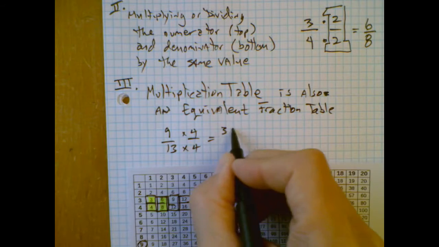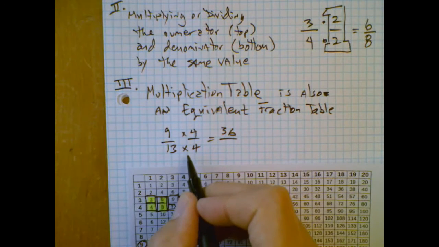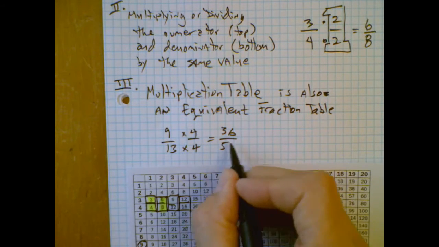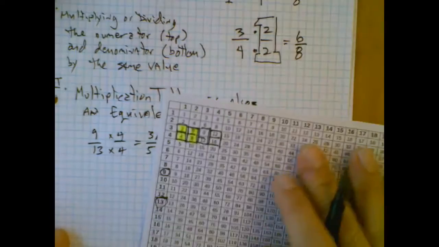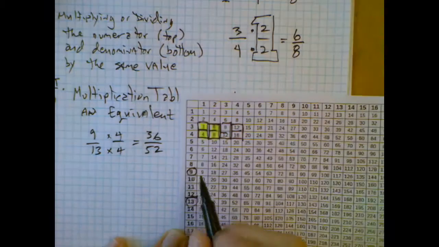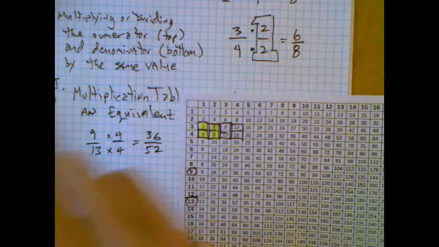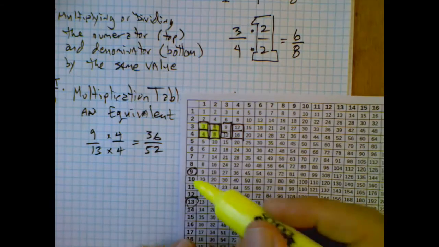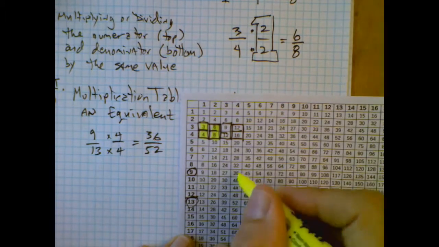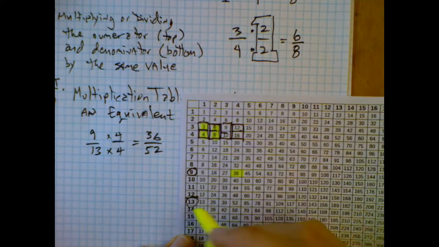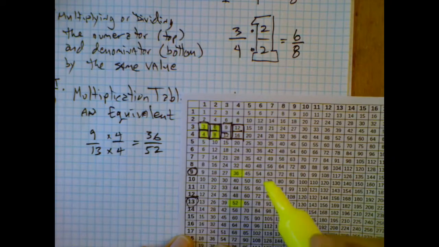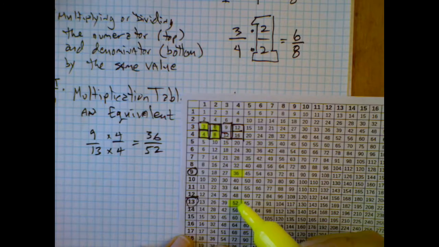If we do that, we have 36 over 52. If we look at our multiplication table, here's 9. If we go to the 4's column, we have 36. 13 times 4 is 52. So there's our fraction, 36/52.